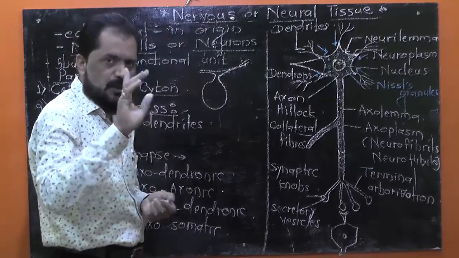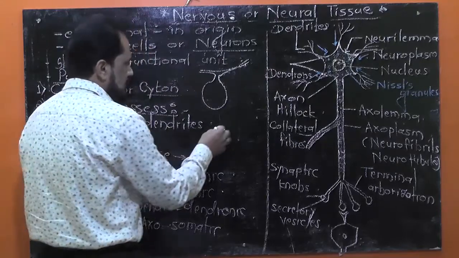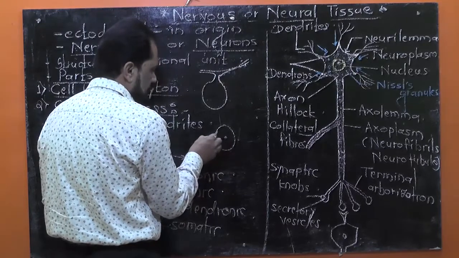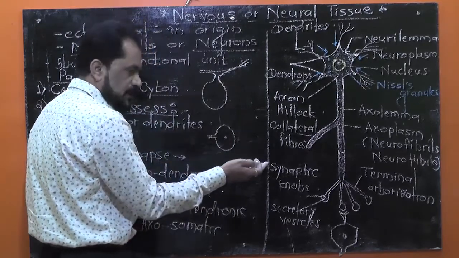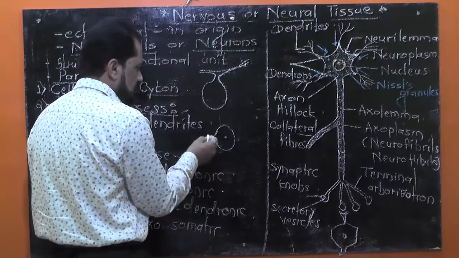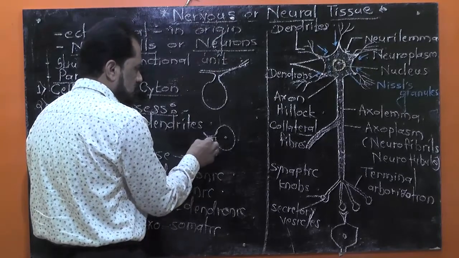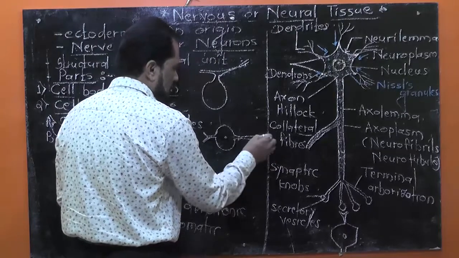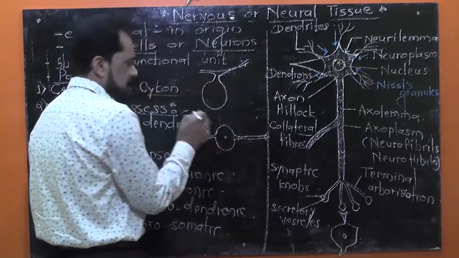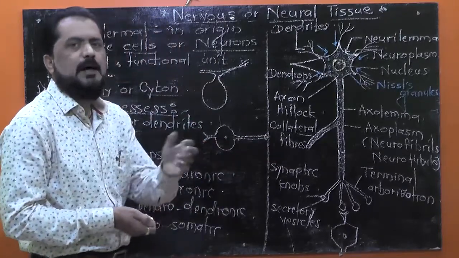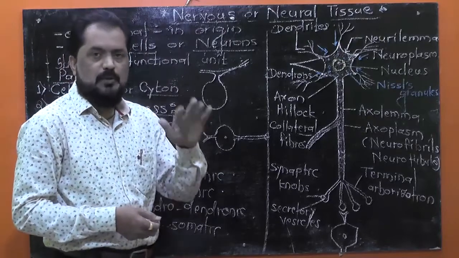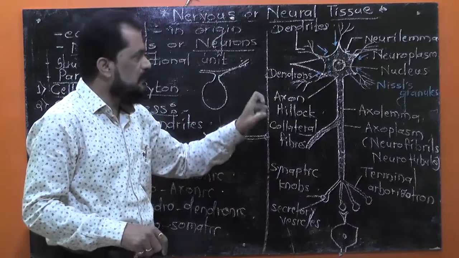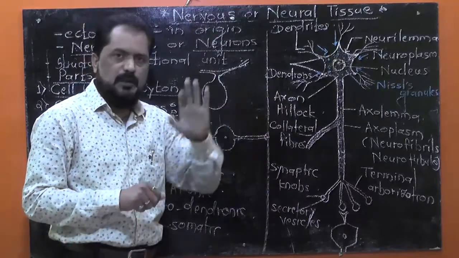Uni stands for one. Sometimes the cyton shows two processes arising from opposite sides or opposite poles of the cyton. One is shorter, that is dendron, and another is longer, that is axon. Such a type of neuron is known as the bipolar neuron. But the most commonly occurring neurons are of this type, that is nothing but the multipolar neuron.